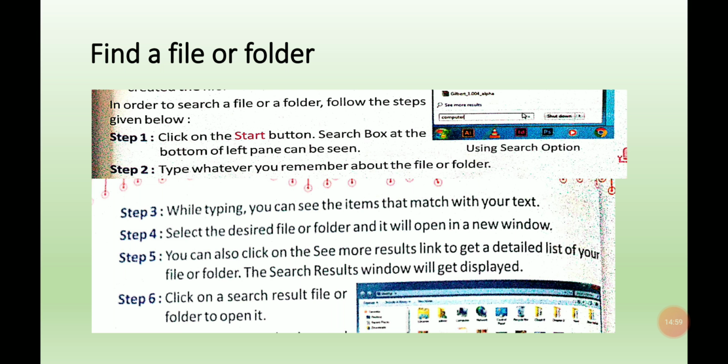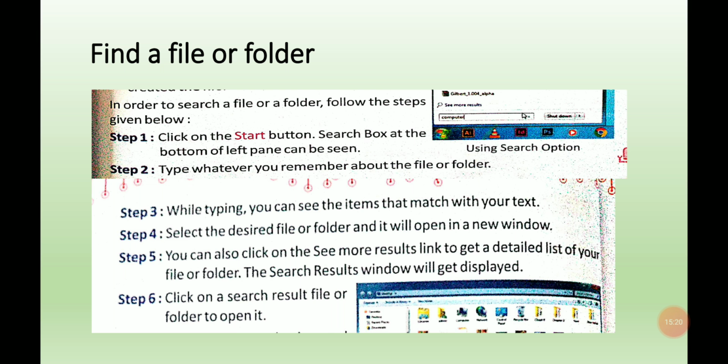Then step 2, type whatever we remember about the file or folder. Suppose we know only hints, only some alphabets of the name of the file, so we can type those alphabets to search for the file. Then step 3, while typing we can see the items that match our text.